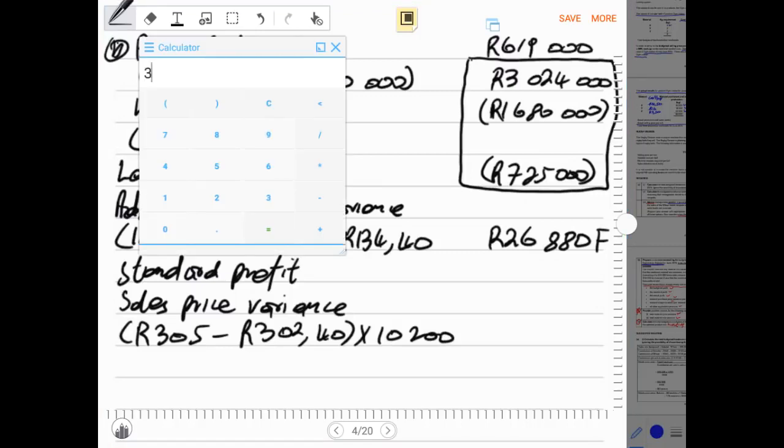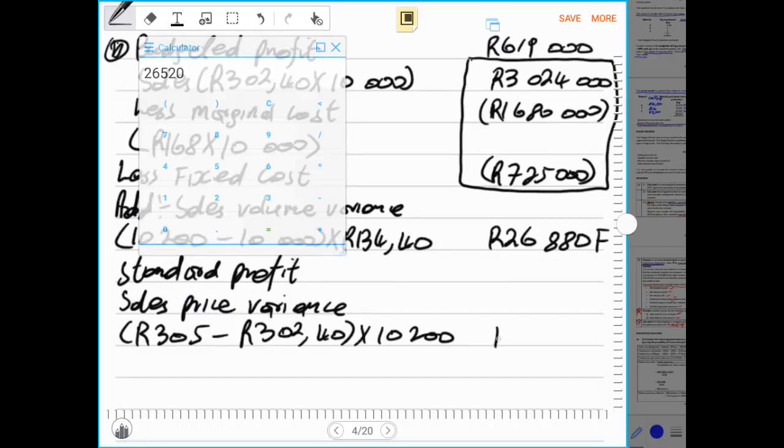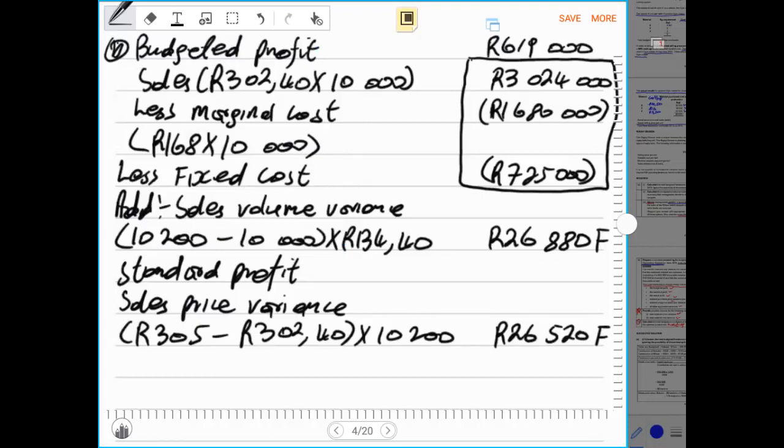So we have 305 minus 302.40, times 10,200, which is actual sales. By doing so, it will give us a variance of 26,520, and this variance is also a favorable variance.